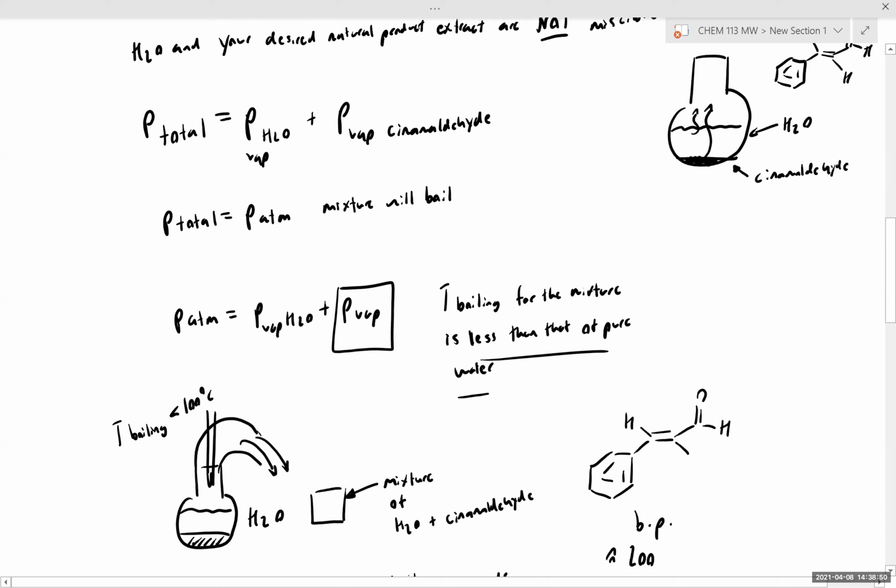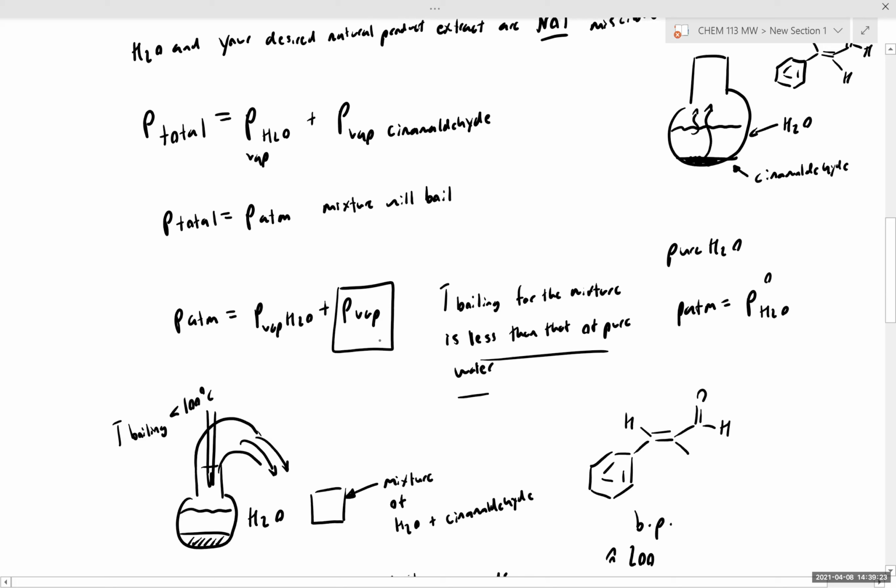The boiling point for this mixture, the temperature at which the total pressure of each component matches the external atmospheric pressure, inherently will be less than that of pure water, right? Because pure water boils when the atmospheric pressure matches the vapor pressure of water, right?